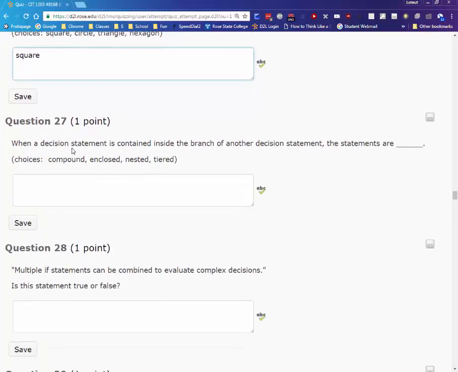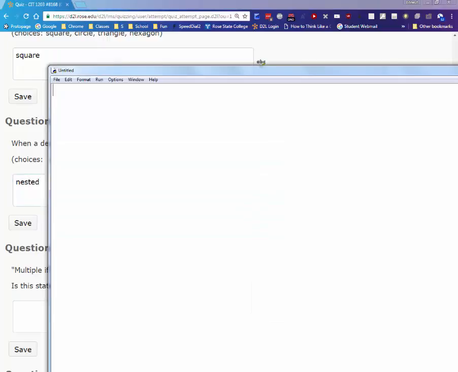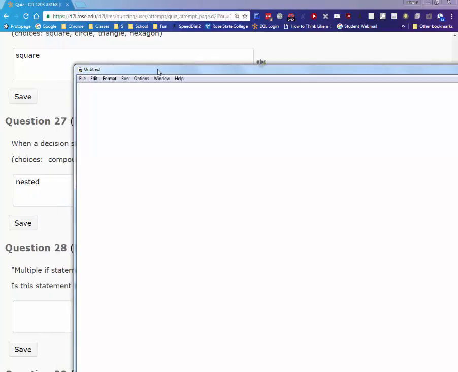When you have a decision statement contained inside the branch of another decision statement, that's called nested. So what a nested if looks like in Python is you'll have an if, and then some clause, a is less than 10, colon. And then you'll have another if inside it.